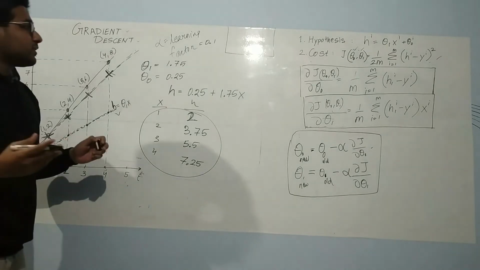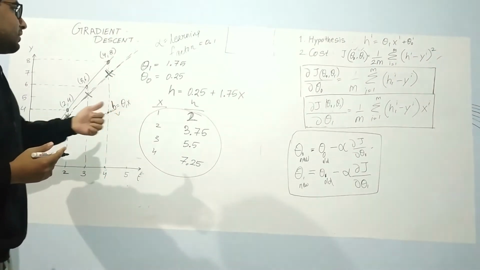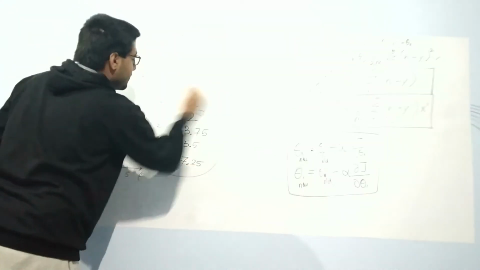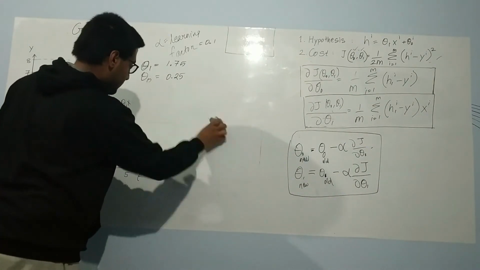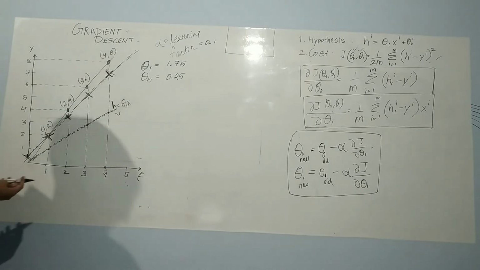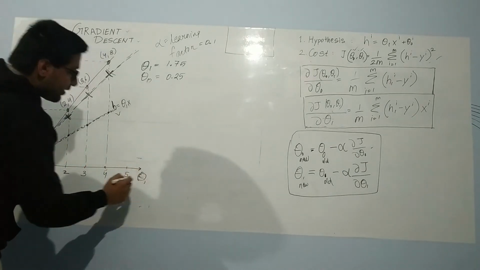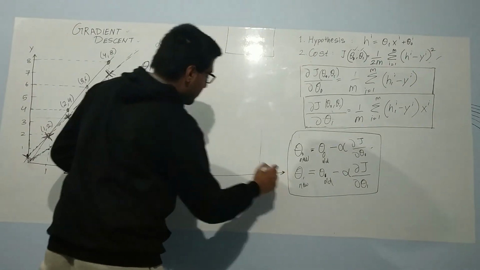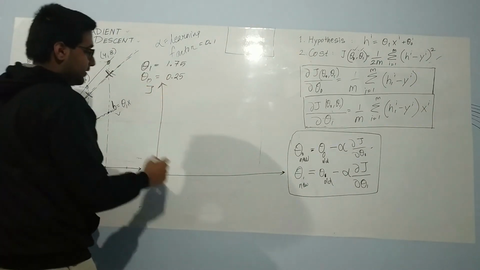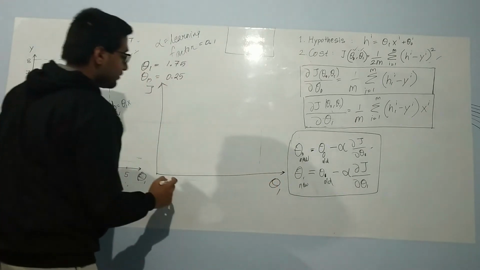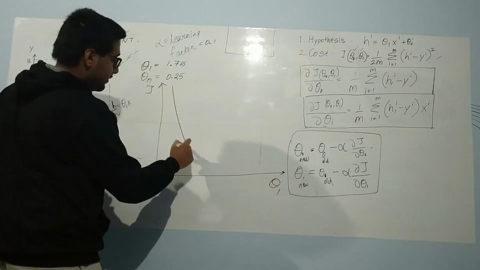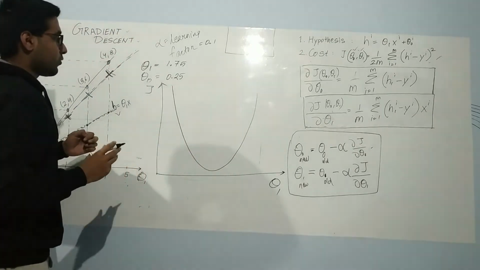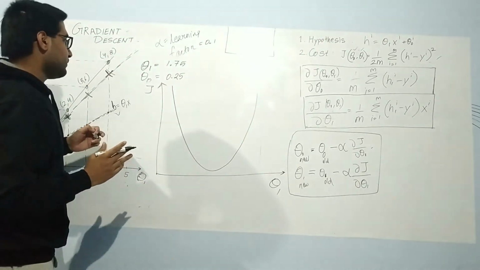Before we conclude this video, I want to talk a little bit about this learning factor alpha that we have here. As we saw in that graph before, this is J versus theta 1, and we will get this nice convex paraboloid curve.